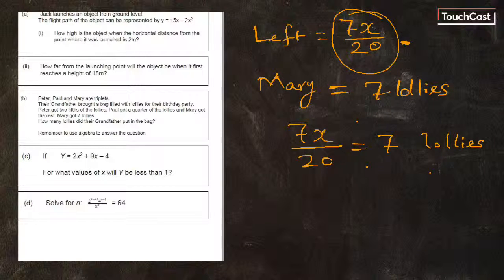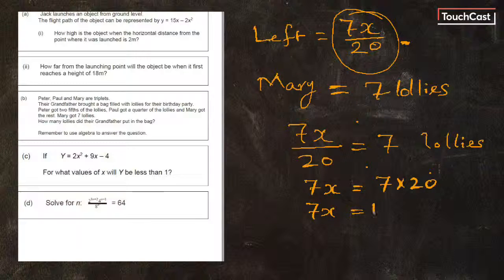So what I'm going to do now, probably by now the students realized, to solve this sort of problem we cross multiply, so 7x equals 7 times 20, or go for the basic balancing rule. I'm not going to get into all those discussions. So 7x equals 140 and x equals 20.